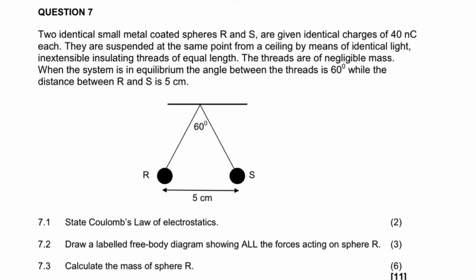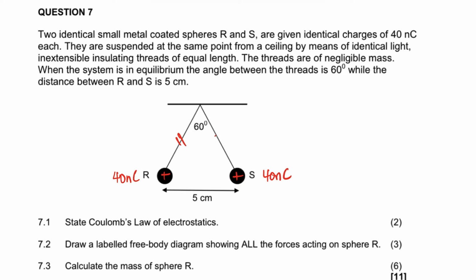Guys, if you look at these charges, they're identical. If they're positive, it's going to be positive 40 nanocoulomb. And the length of the threads from the ceiling are equal.